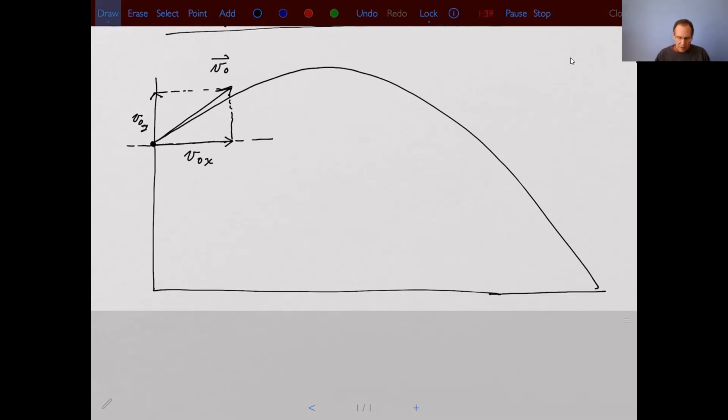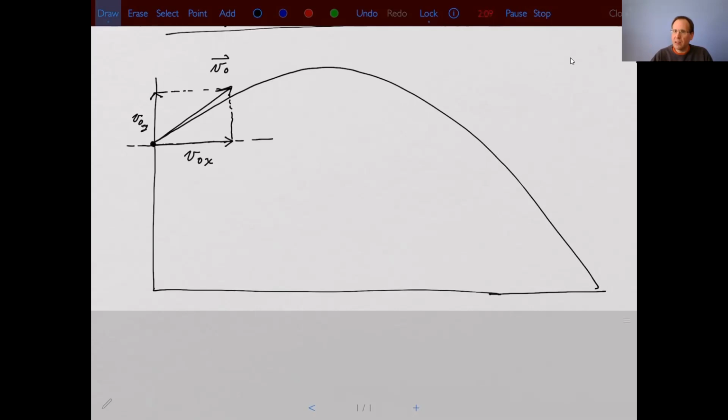Okay, so assuming that there's no air resistance, then in the x direction, there are no forces acting, right? If there's no net force in the x direction, that means that the acceleration in the x direction is 0, right? F net equals ma. So if the net force is 0, the acceleration in the x direction must be 0. Therefore, what's true about velocity?